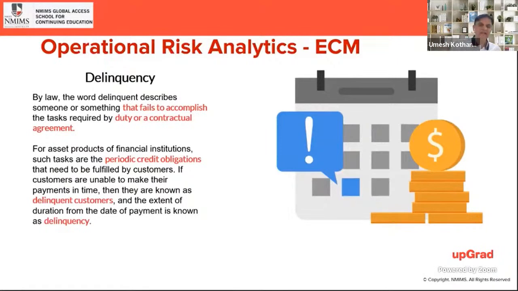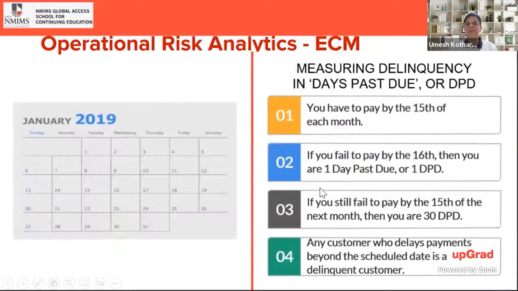And therefore, it is called a delinquent customer, expected to pay on the first, paid on the second. Now, more days passed, more of a problem. Fewer days passed, less of a problem. And we measure this by days past due analysis.